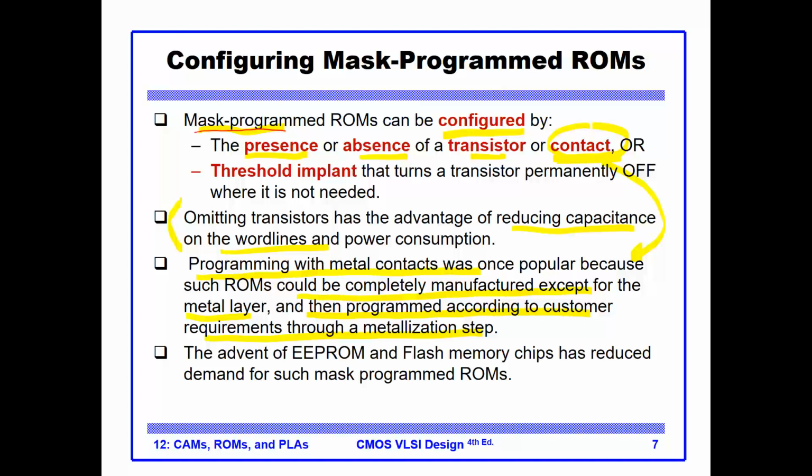So this is one method. This is two methods, right? Or based on the threshold implant, and this is the modern way of doing things, where we basically modify the threshold of the gates to represent ones or zeros.